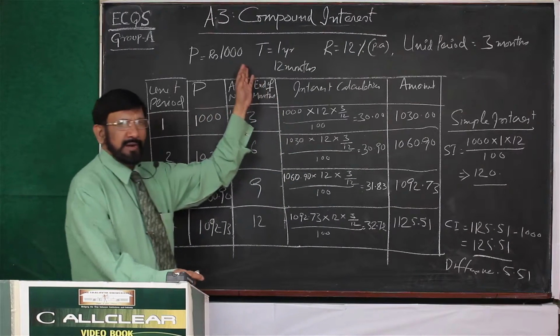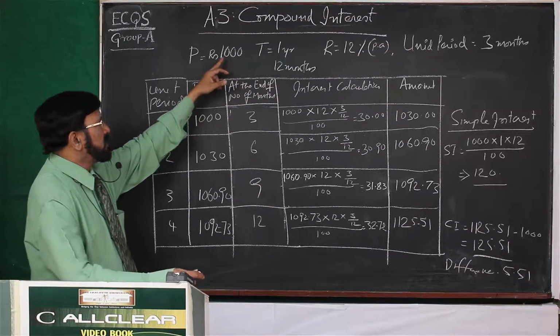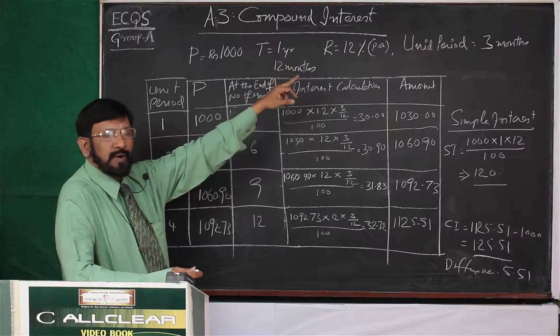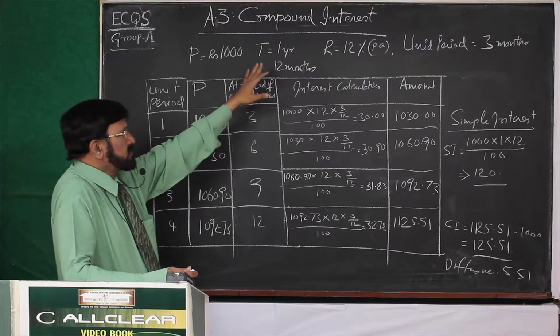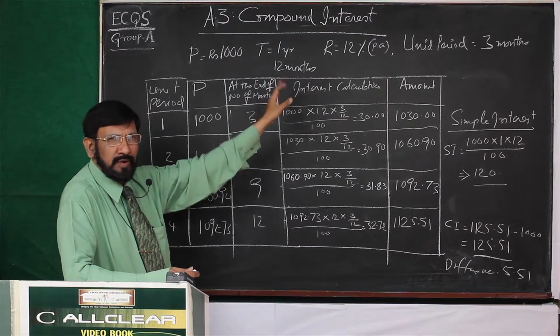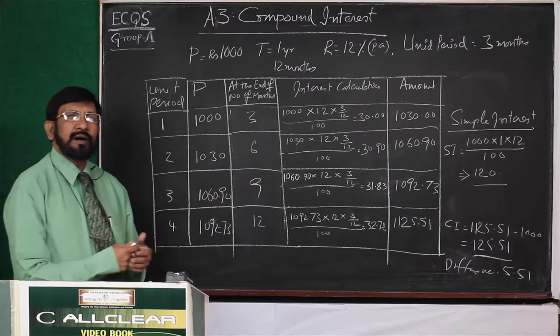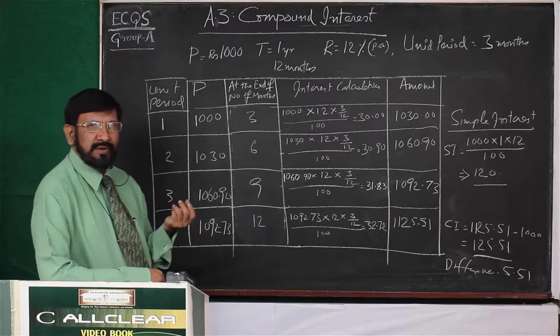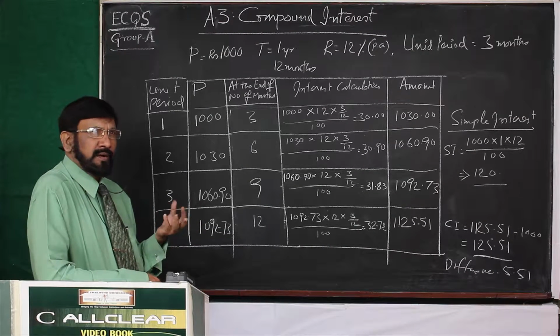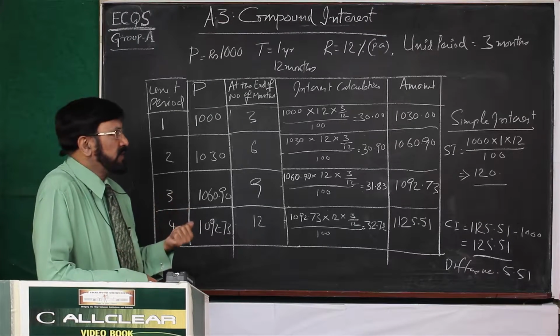Simply how do you calculate interest? PTR by 100, 1000 into 1 into 12 by 100, then it comes to 120. Very, very simple. In the previous section, we discussed this simple interest calculation method and other intricacies involved in it.